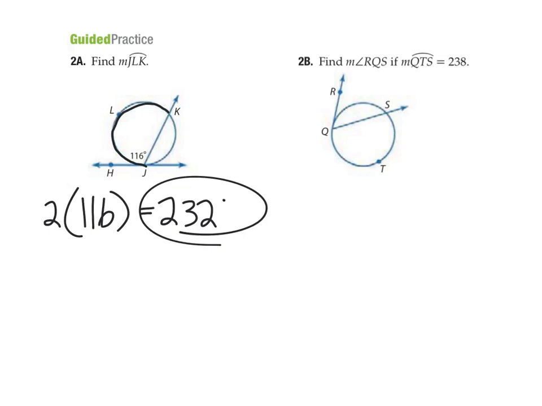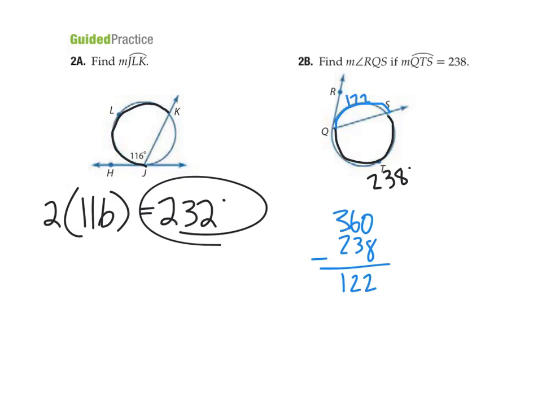For this second one here, they told us that the measure of arc QTS is 238 degrees. So we can use the fact that the entire circle is going to be 360 to find the measure of arc QS. If we do 360 minus 238, we get 122, and that's going to be the measure of this arc right here.